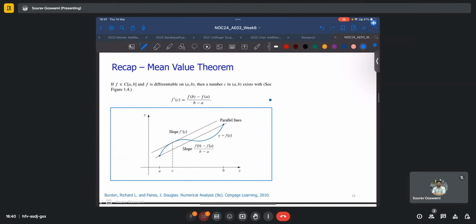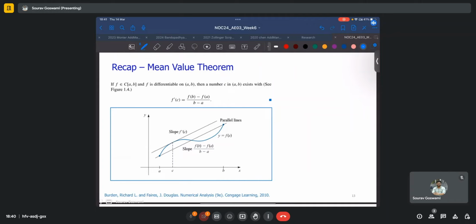Next is the mean value theorem, which says that if f is continuous on a closed interval [a, b] and differentiable on the open interval (a, b), then there exists a number c in (a, b) such that f prime of c is equal to the mean slope, f(b) minus f(a) divided by b minus a.